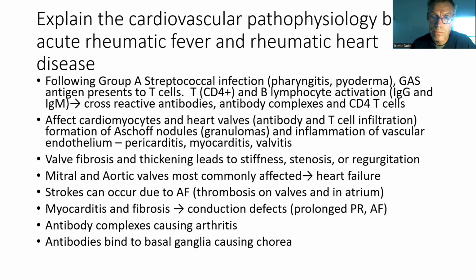So group A strep infection, a bacterial infection that causes these infections and many others, of course, all bacteria have certain antigens, and antigens generate an antibody response, and they also generate usually a T cell response. Now, remember, there's two parts to the immune system, or well, many parts, but there are two types of lymphocytes.